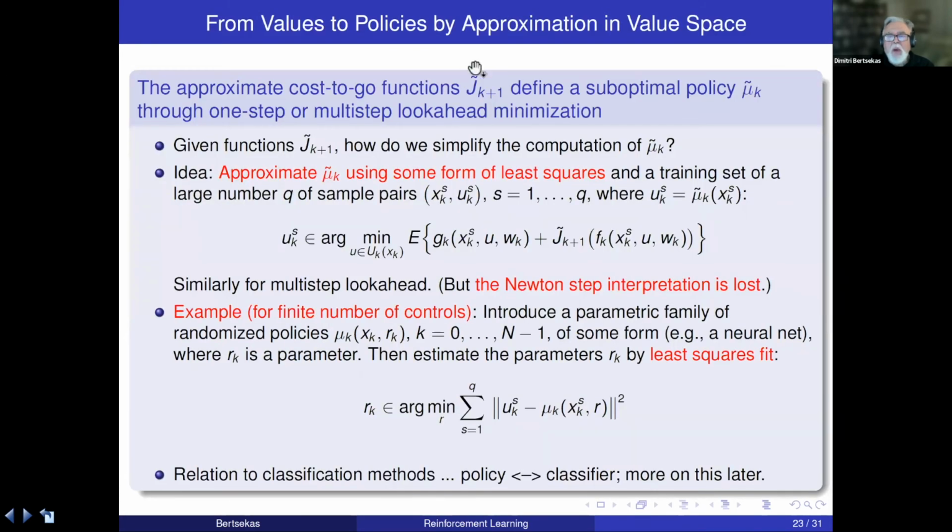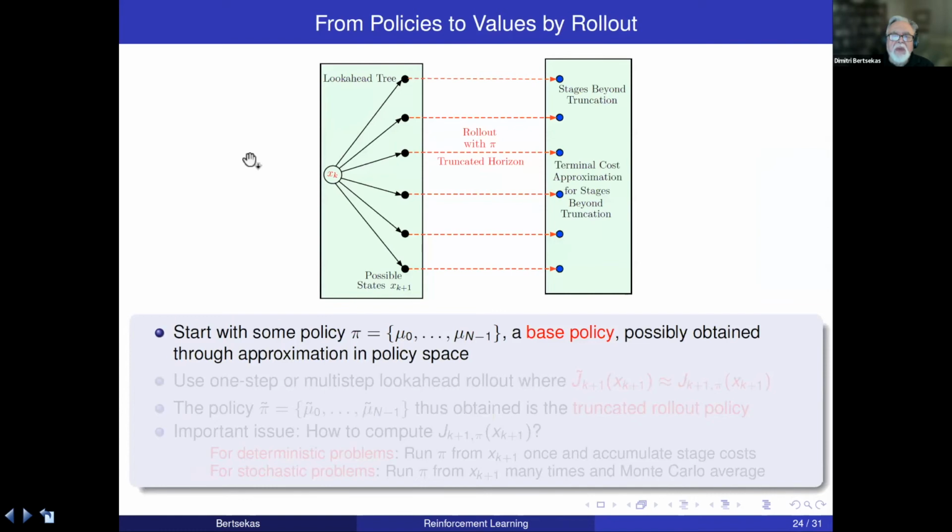Okay, so here's how we go from J tildes to approximations of mu tildes. Let's go the other way too, in the other direction. How do we go from policies to values? Well, we know a way to do that is by rollout. We use some policy as a base policy, perhaps obtained in some other way, like approximation in policy space, perhaps some heuristic.